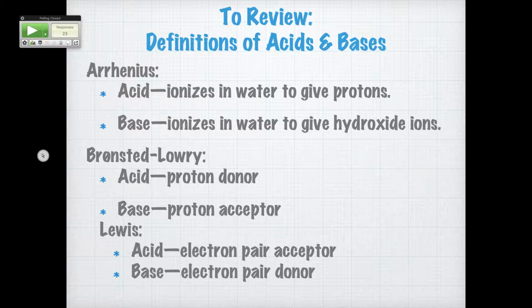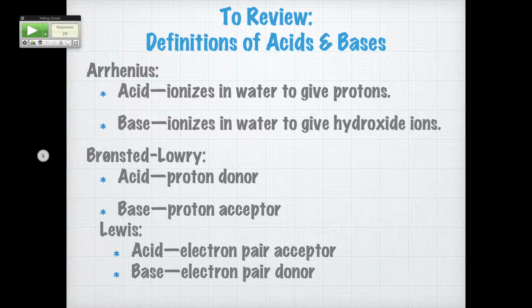So hydrochloric acid is an acid in every definition, because that H plus will accept an electron pair. So H plus is an acid and OH minus, hydroxide ion, is a base in every definition.